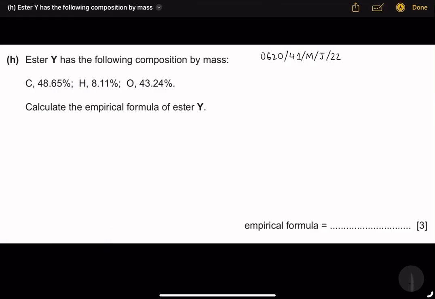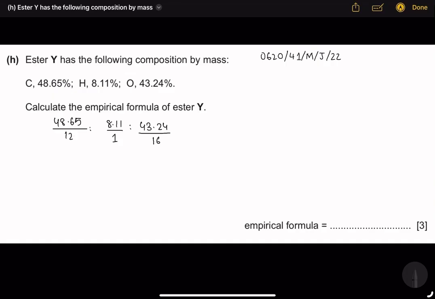Now we have the empirical formula calculation. This is a very important question, so let's get on to it. So for this question, first what we will be doing is 48.65 divided by the Ar, the atomic mass of carbon, which is 12, and hydrogen we have 8.11 divided by 1, and then we have oxygen 43.24 divided by 16.